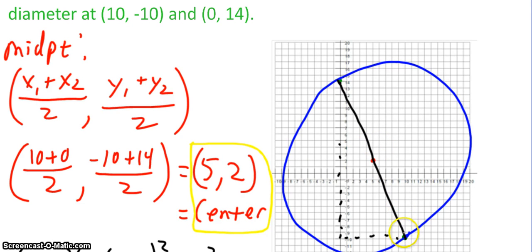From there you still would have to figure out where exactly the center point is going to be, so it would have been a little bit more work, but it's just a different approach to the problem. The easier way is to just remember how to find the midpoint. If you don't remember how to find the midpoint, do you remember how to find an average? Because that's all you're doing when you're finding a midpoint: averaging x values and averaging y values.